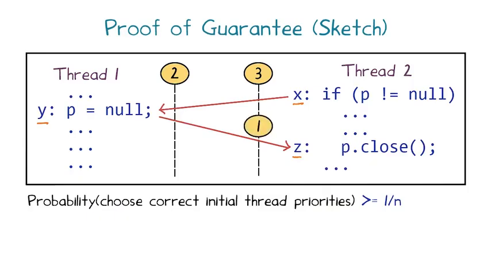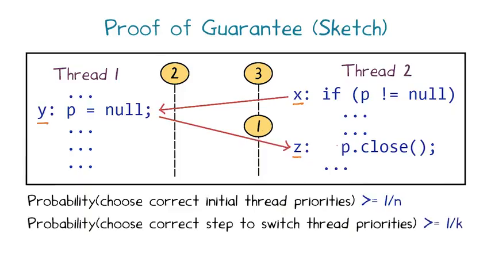For example, before executing statement Z, thread 2 is assigned a lower priority of 1. Since Cuz picks the statements where the thread priorities are changed uniformly over all statements, the probability of picking somewhere between statement X and statement Z to change the priorities is at least 1 by k. Recall that k is the number of statements executed by the program.